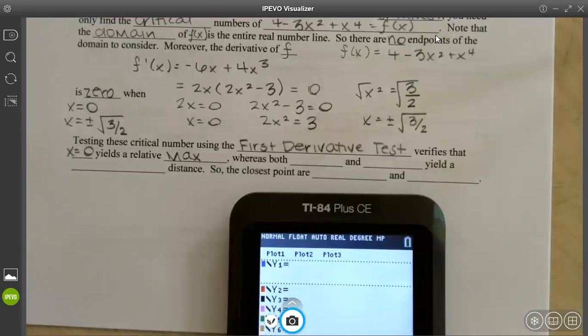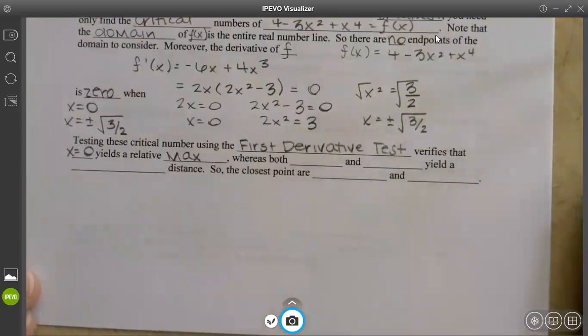So what is the first derivative test? Yeah, what is the first derivative test? So doing the chart, find the maximum.